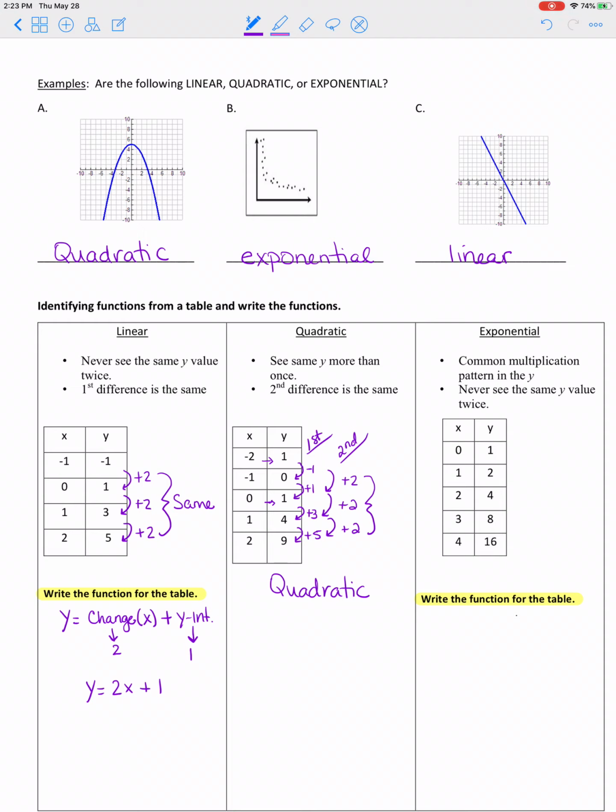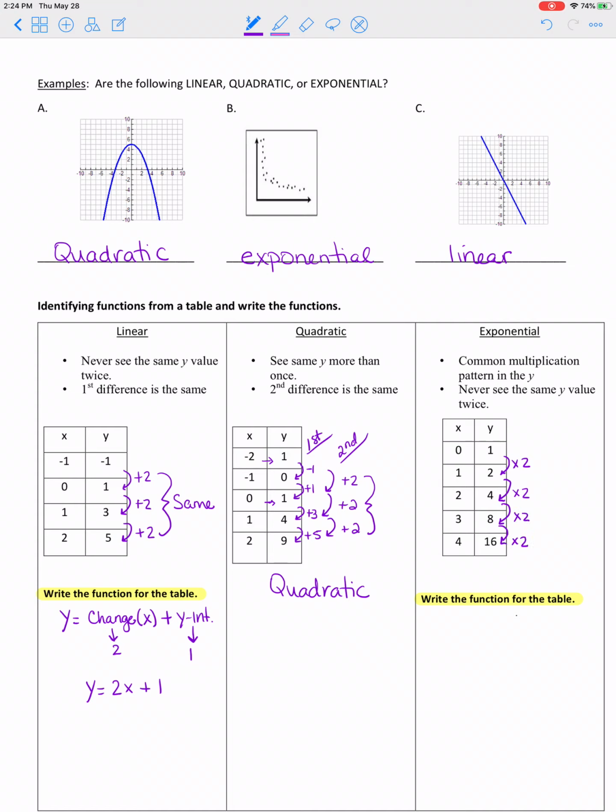All right, with an exponential function, you're never going to see the same y value twice, and you're going to see a common multiplication pattern in the y instead of an adding pattern in the y. So if you look, 1 times 2 is 2, 2 times 2 is 4, 4 times 2 is 8, 8 times 2 is 16.